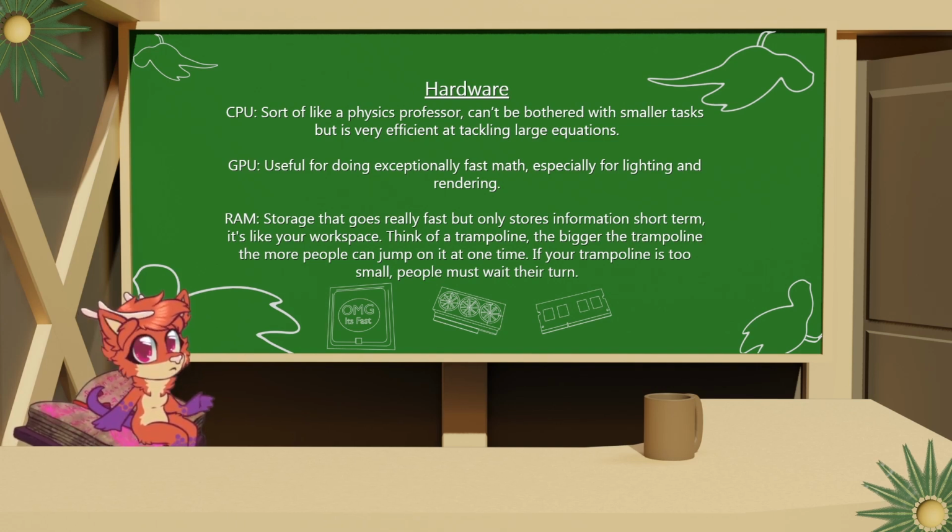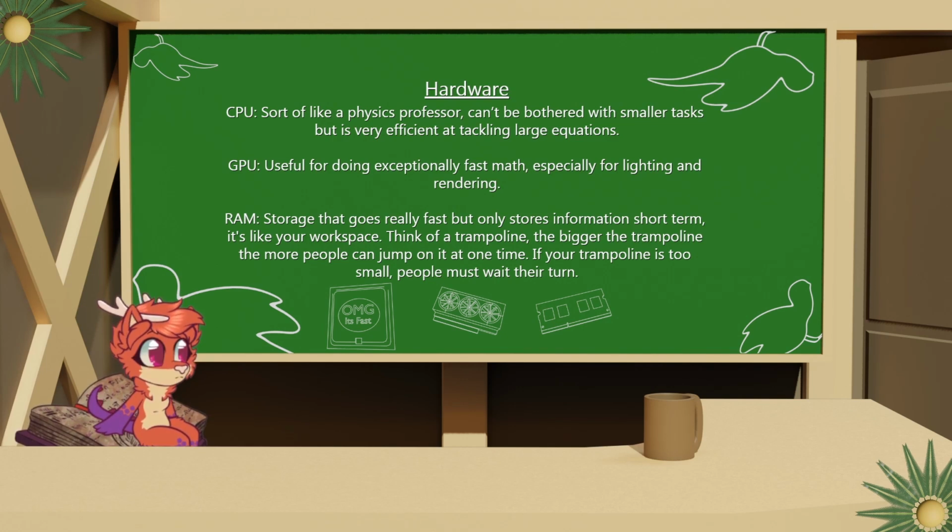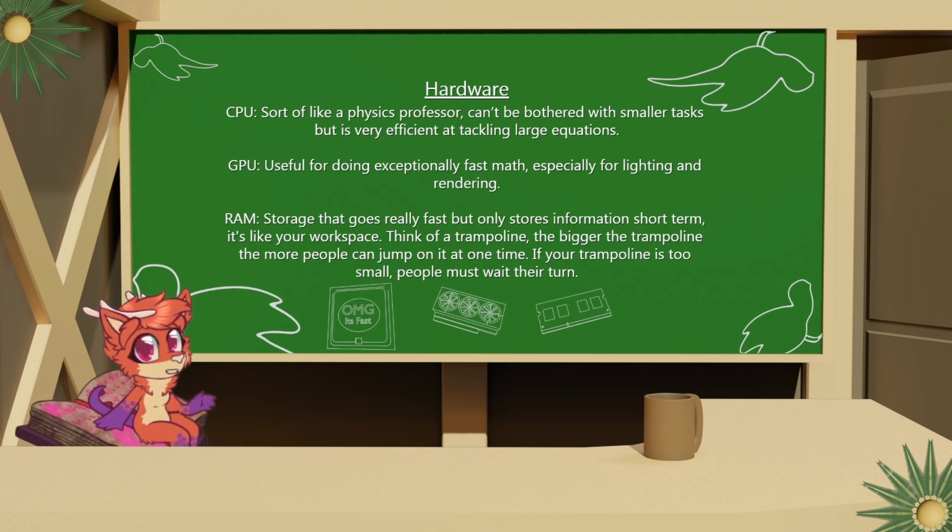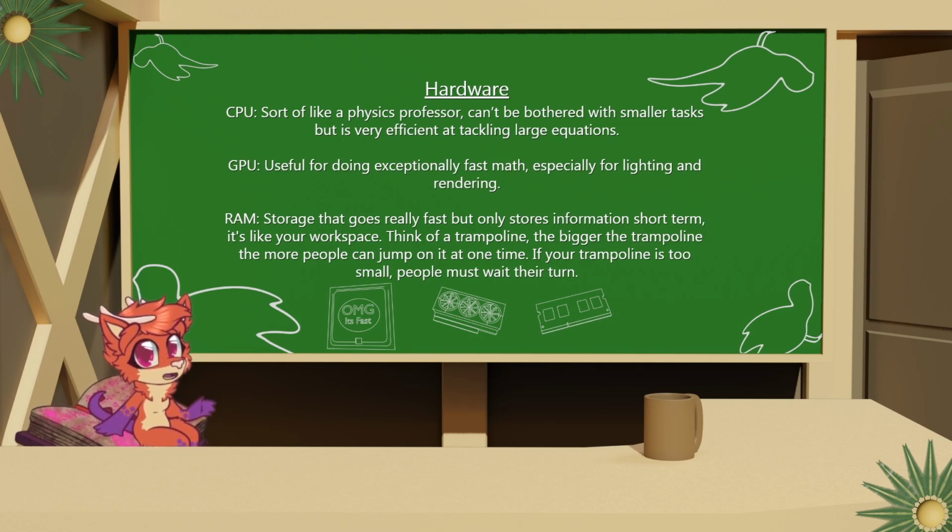You have to know what color this thing is, what color the light is, blend those little tiny numbers. You know, you have to get from 0 to 255 and figure out which one it is. It's a lot of crazy complex stuff, but if you ever needed to know how your GPU works, it does things really fast. And then your RAM is your storage that goes really fast, but only stores information short term.